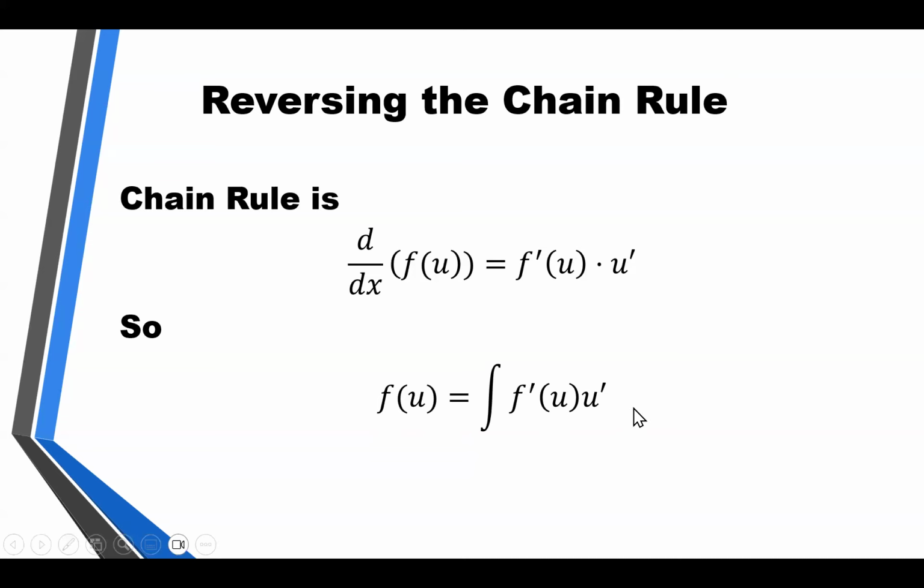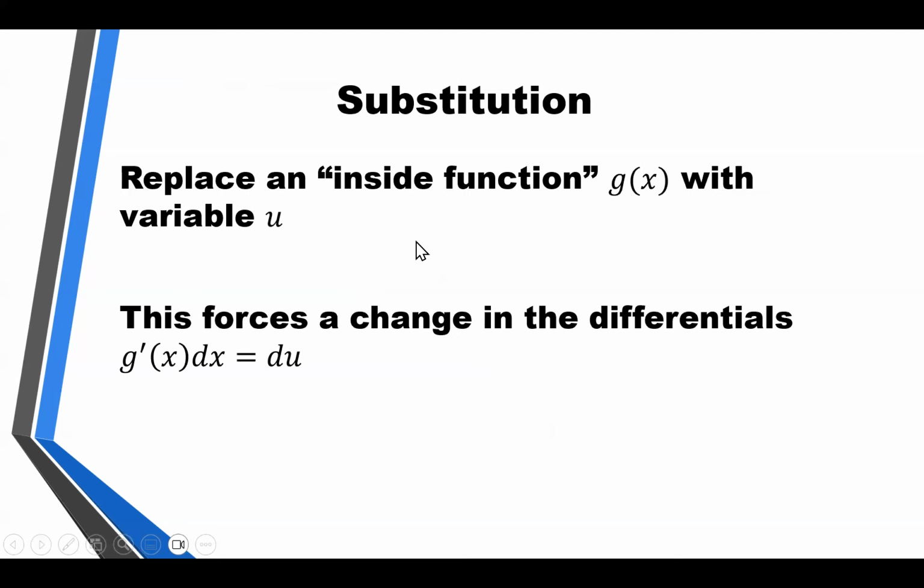So this tells me a way for starting at this right-hand side and doing an integration. Basically, this is the concept of substitution. We are going to replace some inside function with a variable u. When I do that, I have to consider that u prime at the end.